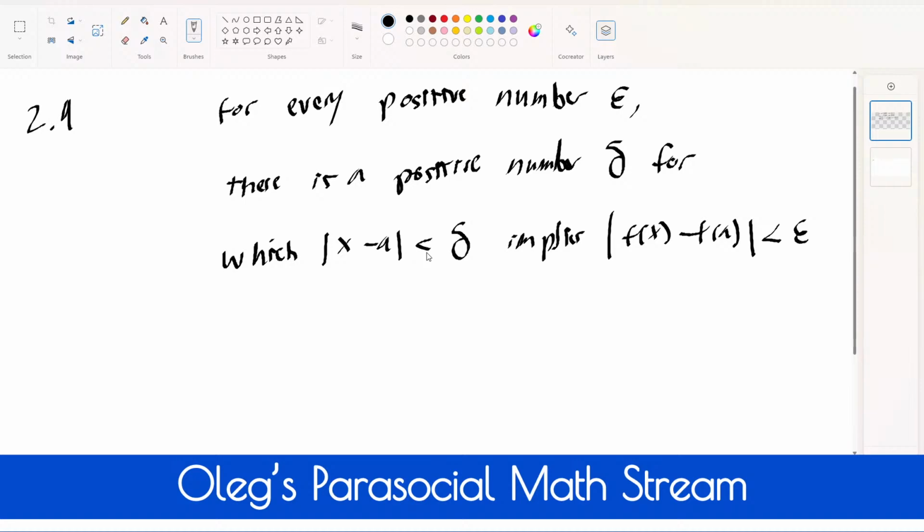Let's see, what's the value of e? Okay, it's a tiny number close to 0. This is the epsilon delta definition of a limit.